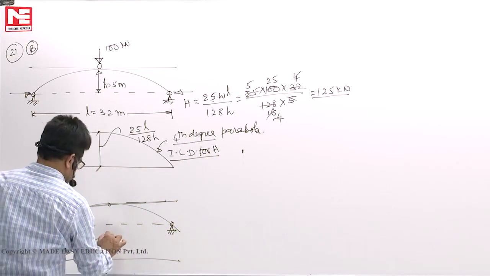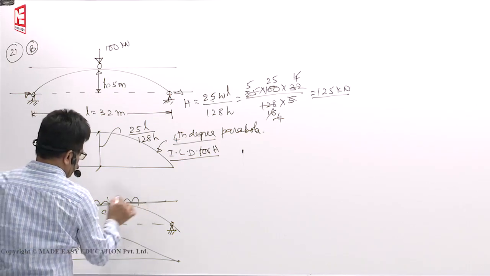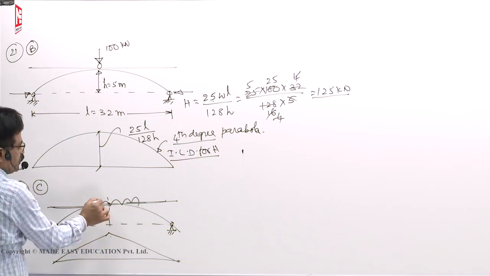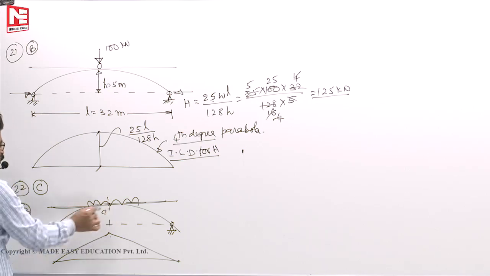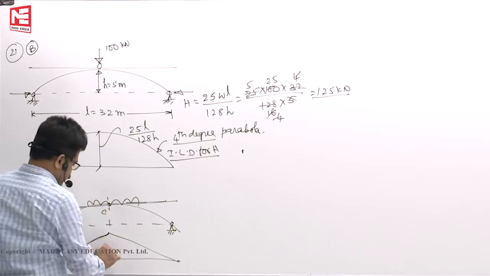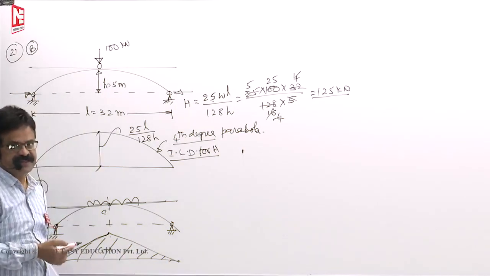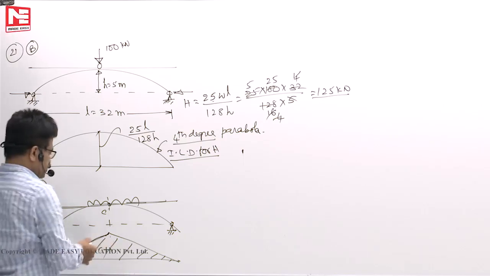UDL shorter than the span means left half and right half. That means whatever way the C cuts the span, it should cut the load also, because it is symmetrical. It is similar to your bending moment diagram, ILD for bending moment at C. So similar to that was there.